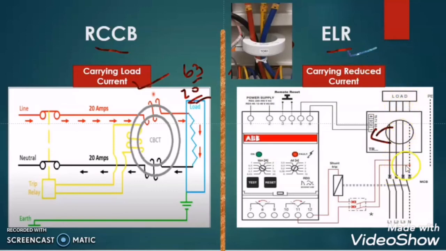Even if thousands of ampere of current is flowing through the load, the ELR is taking only the difference in the phase currents when there is any earth leakage. It is not dealing with the load current which is very high. That's why even if a very high ampere current is flowing, the CBCT is not taking that current. It is just taking the differential value, the difference between the phase currents in case of fault.